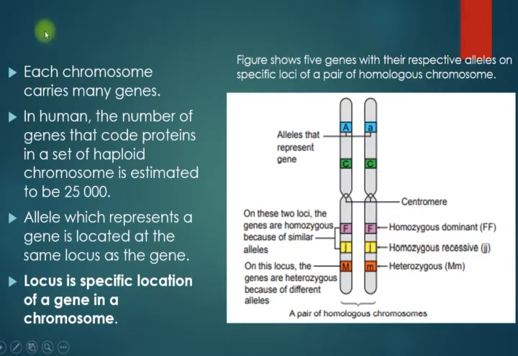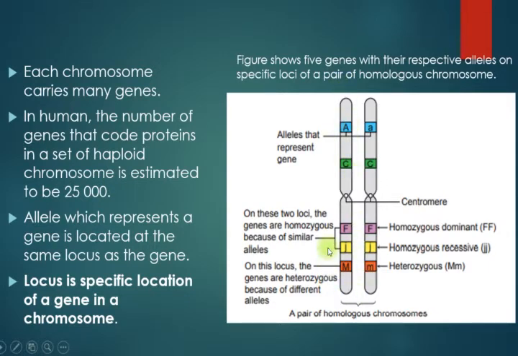Let's go to the explanation first. Each chromosome carries many genes. In humans, the number of genes that code proteins in a set of haploid chromosomes is estimated to be 25,000 genes.